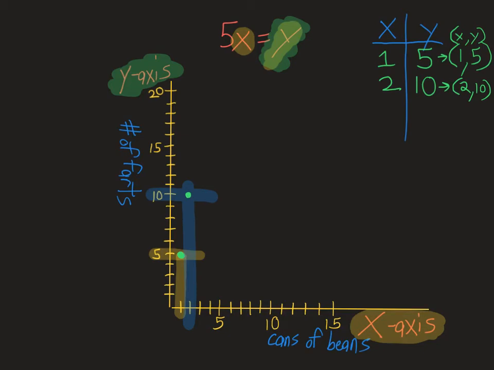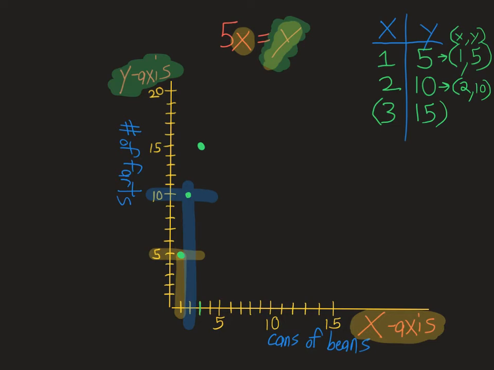I bet we could speed this up if we did number 3, okay? 3 cans of beans, 15 farts, graph that as a point, so I'm just going to go over to 3, and I'm going to go up to 15, and I'm just going to put a point right there. Now, we can see a pattern developing. I'm hoping you guys see a pattern.